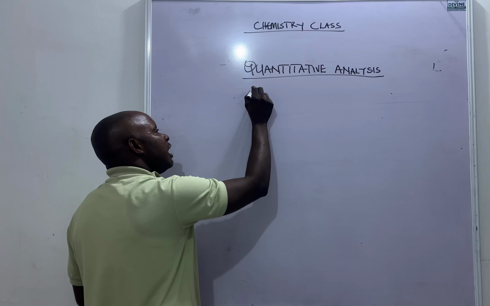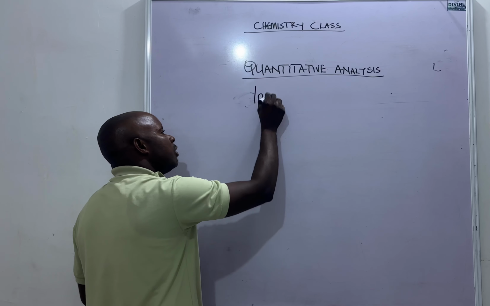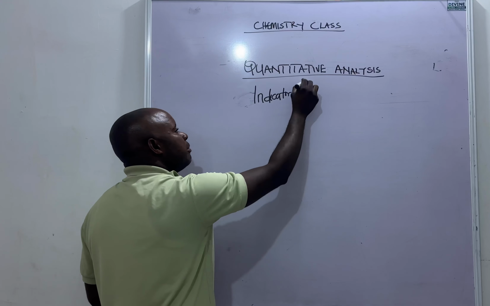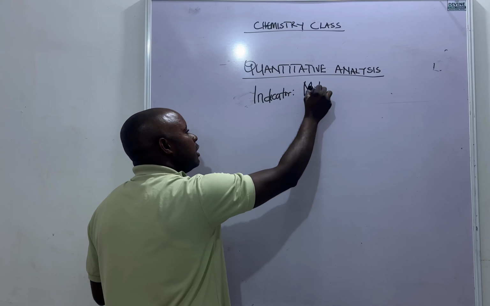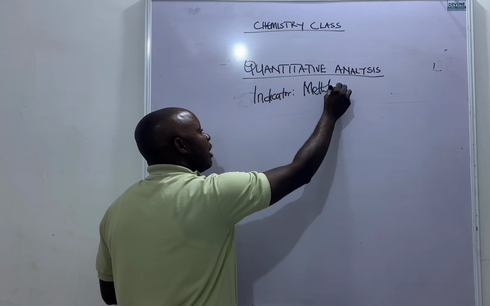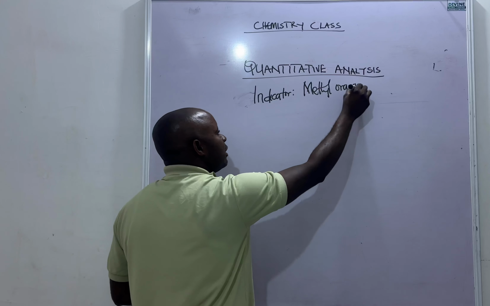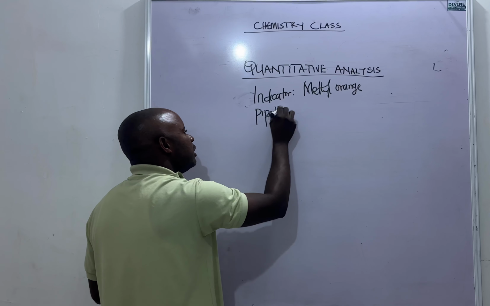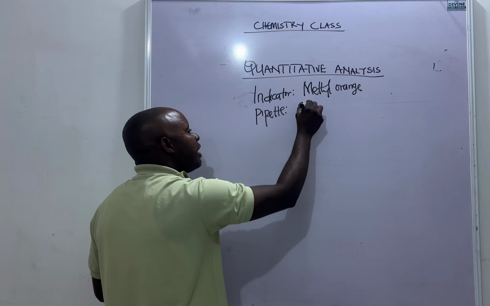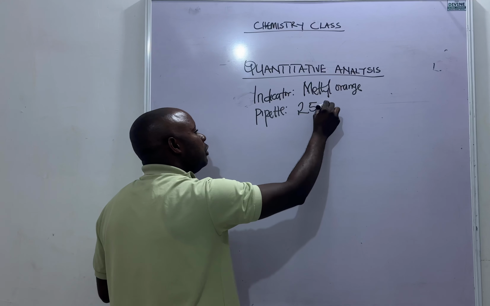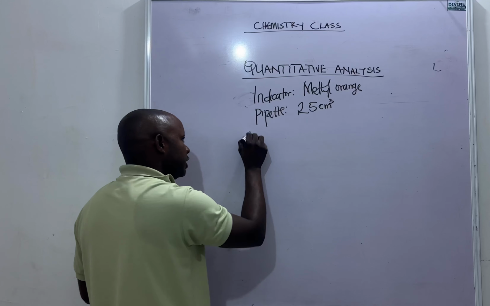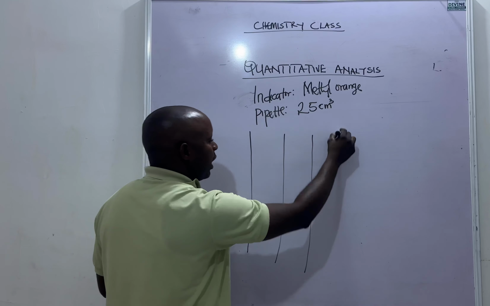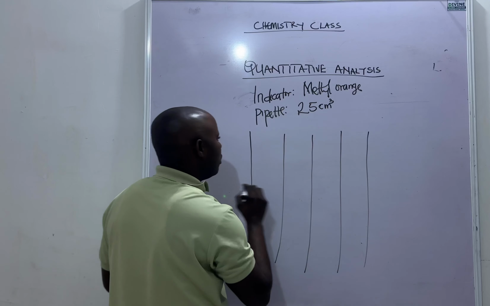At the top you write indicator: methyl orange. Then pipette used: 25 cm cube. So the table goes this way.